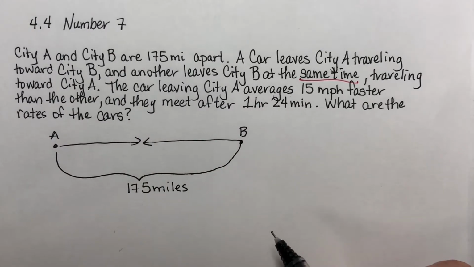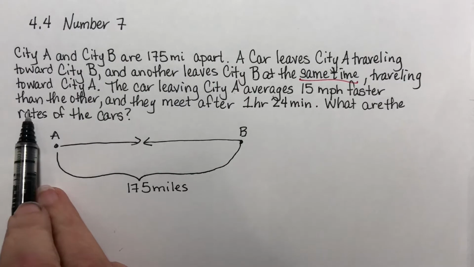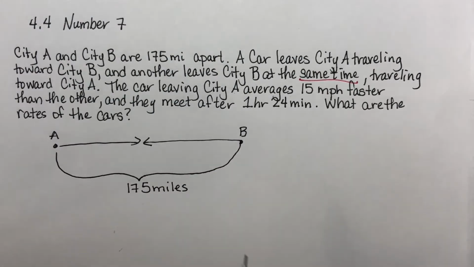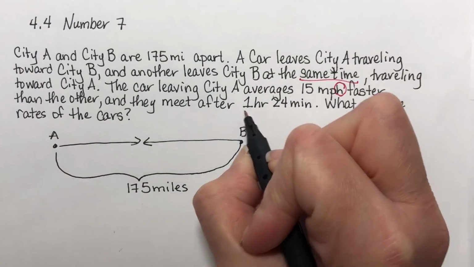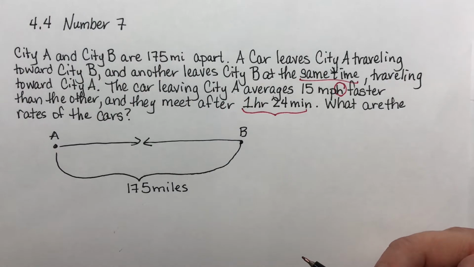I know that the A car is faster than the other, and they meet after 1 hour and 24 minutes. Another thing that I notice is that this is in miles per hour, and right here I have a combination of hours and minutes.